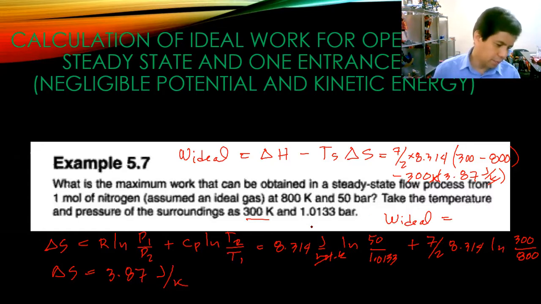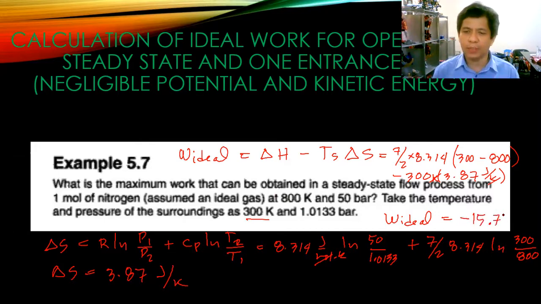Yes, it's negative 15.71 kilojoules, so you need to divide this by 1,000. You will get negative 15.71 kilojoules as the final answer. Okay, so it's relatively simple.